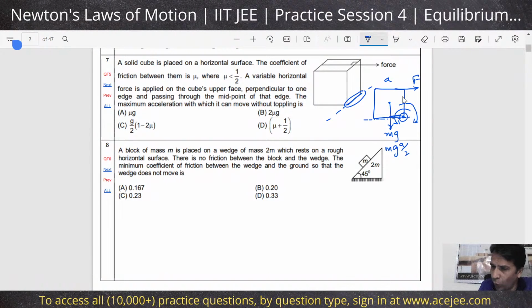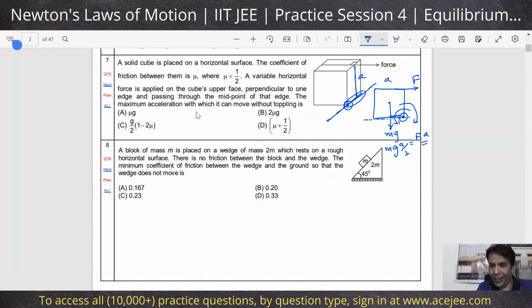How much is the torque? Now, because we are talking about the toppling about this edge, not this one vertex or one corner, but rather along the entire edge, we have to take the shortest distance from the axis of rotation. So this is the distance we're talking about, which is again a. So this should be equal to F times a.